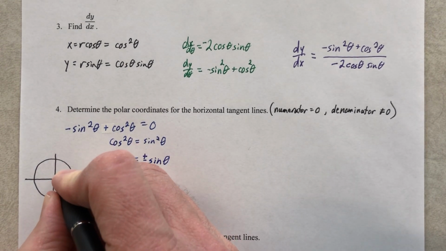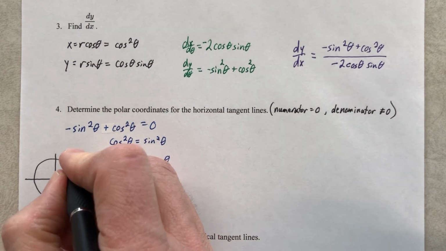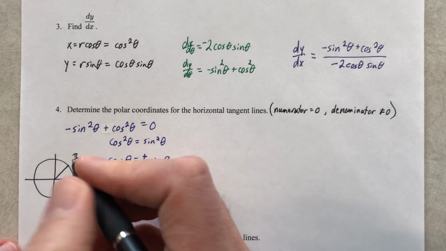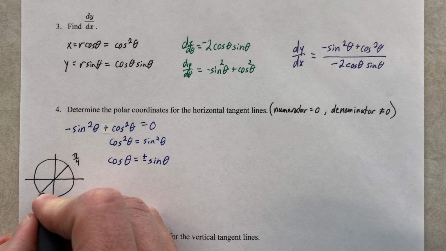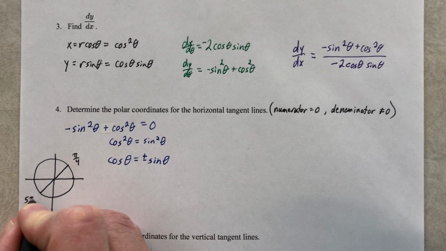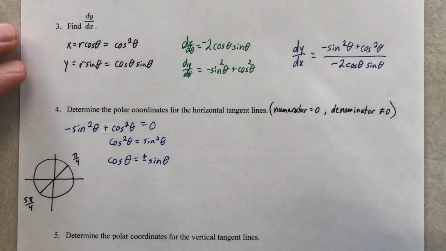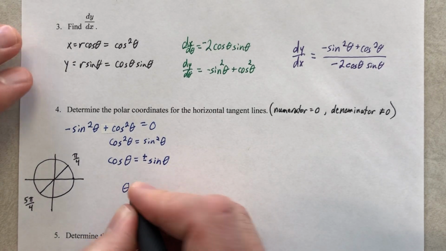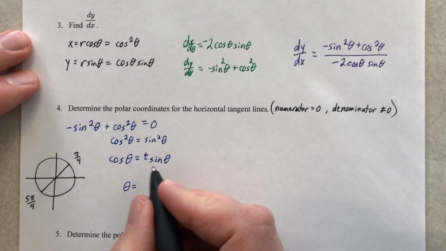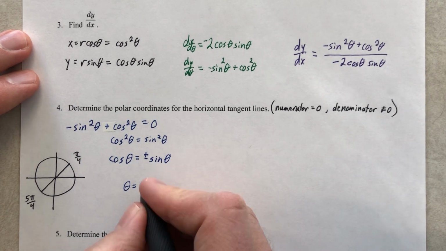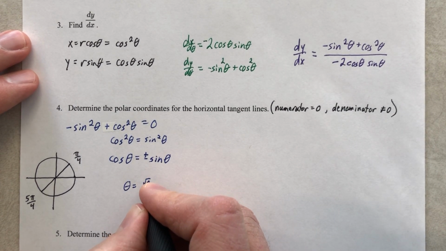That would happen here at pi over 4. It also happens here at 5 pi over 4. And at those radian measurements, we have sine and cosine as the same.